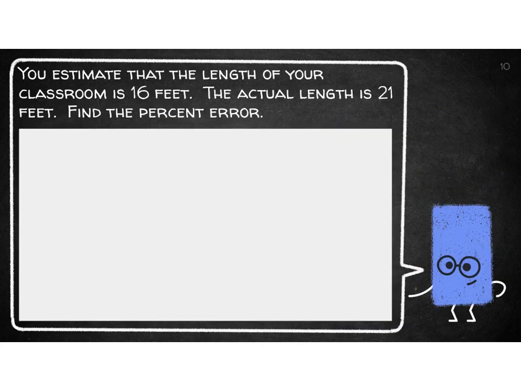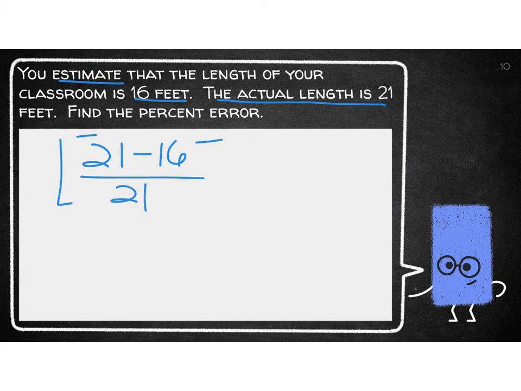Let's look at one more example. It says you estimate that the length of your classroom is 16 feet. So the estimate is 16 feet. The actual length is 21 feet. Find the percent error. The first thing we do is calculate the difference between the two. So I know I have to do 21 minus 16. That amount would be divided by the actual amount, 21 feet.